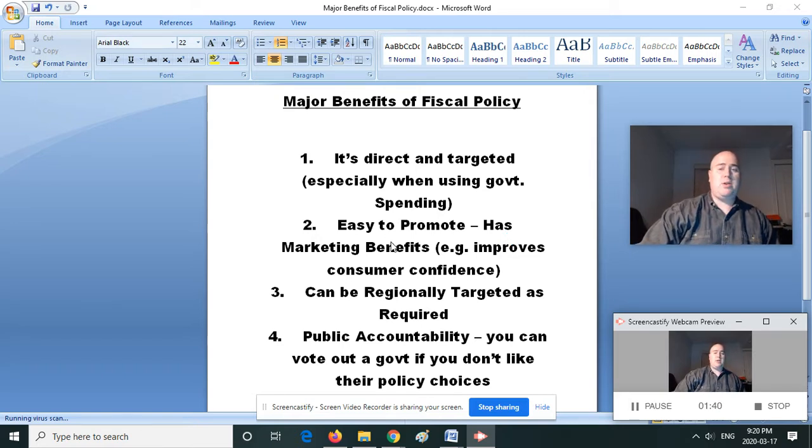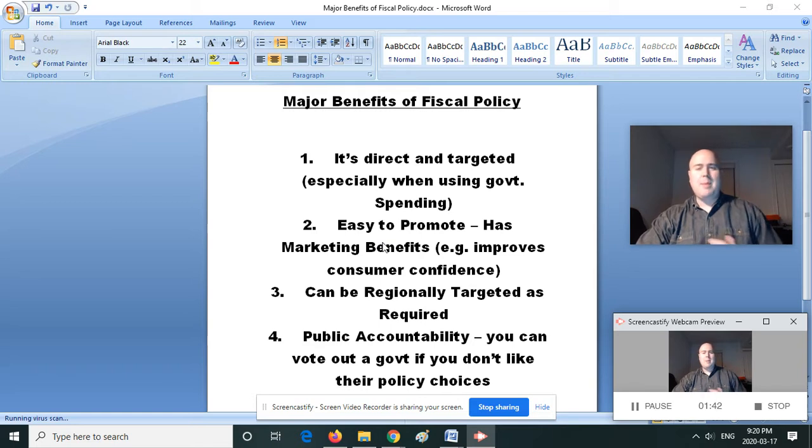Second benefit to fiscal policy, I think sometimes it can almost be a bit of a drawback, but in a general sense, it's a benefit, is the fact that fiscal policy has certain marketing benefits, and it's definitely easy to promote. One of the key core things that you're trying to do as a government running an economy is not just to spend your own money, but make people feel confident so that they want to invest and do good things with money that they have of their own.